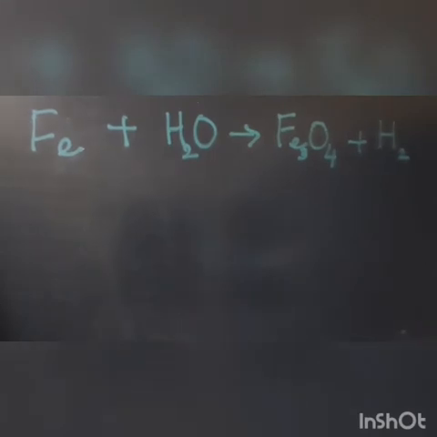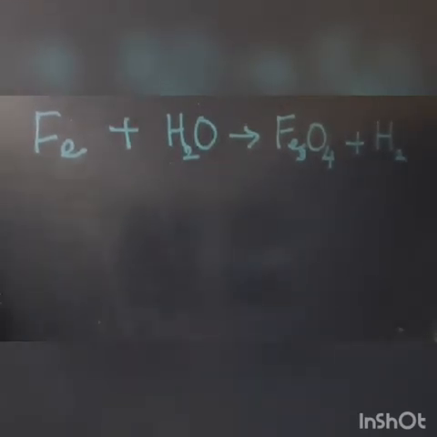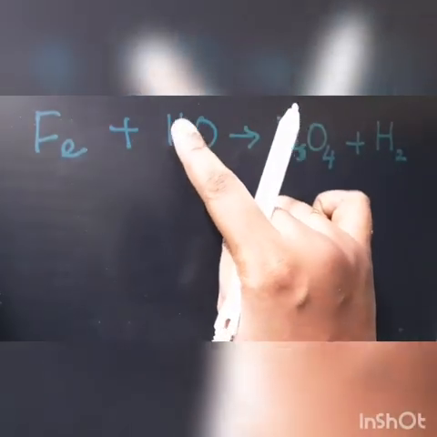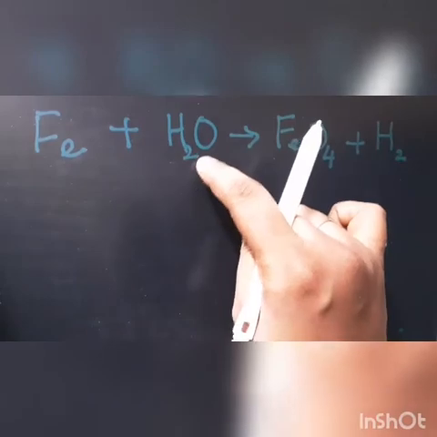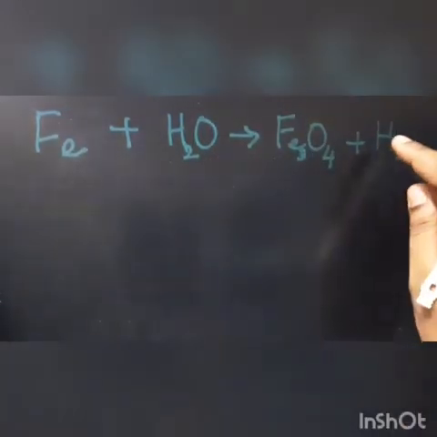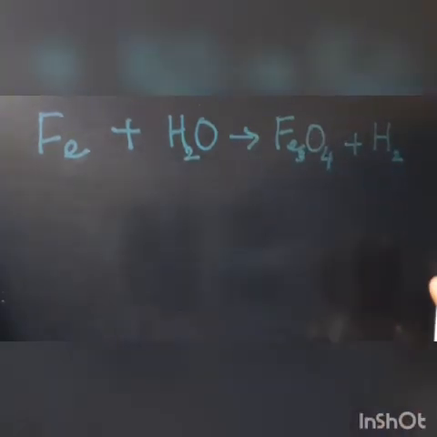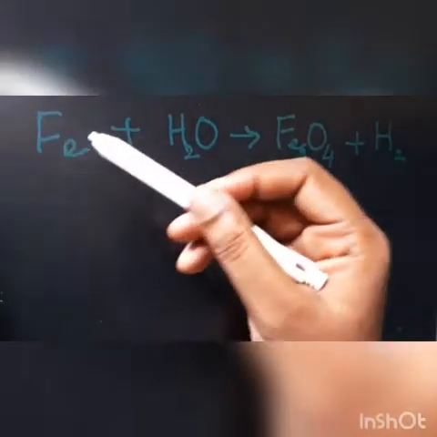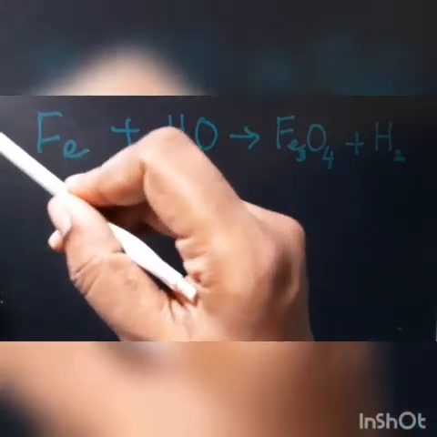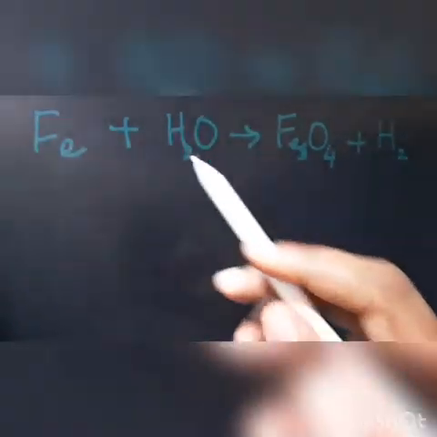Now we need to balance this equation. First of all, you cannot change anything inside, like you cannot change this H2 into H4 or something. So these particular compounds or atoms remain the same. Only you can change the number of molecules.